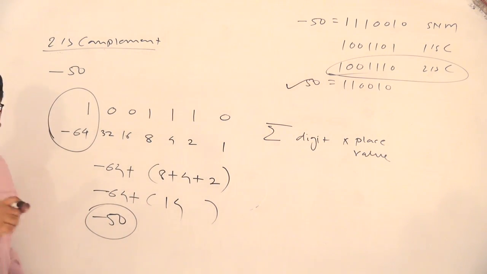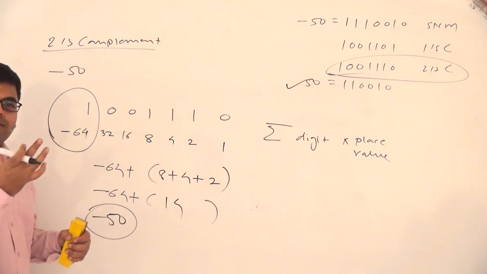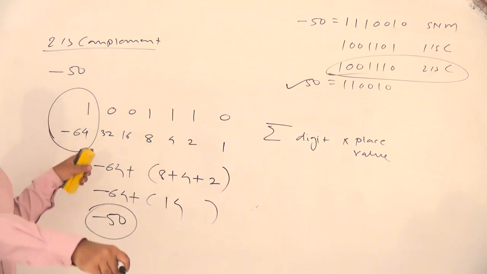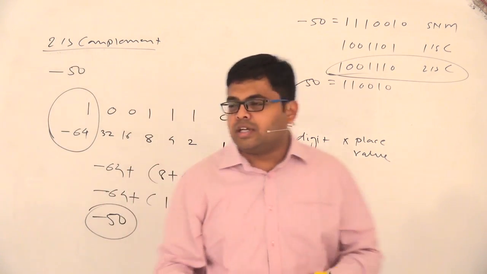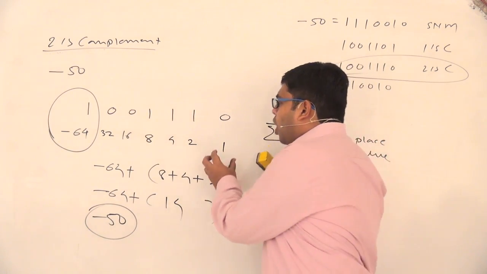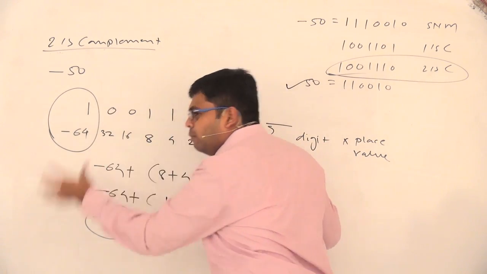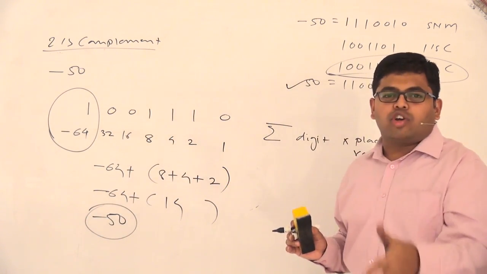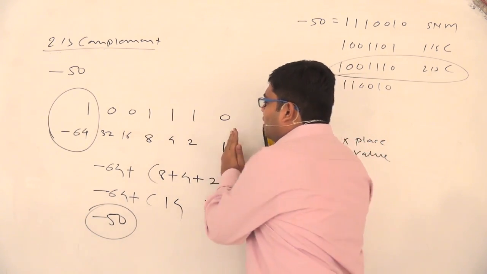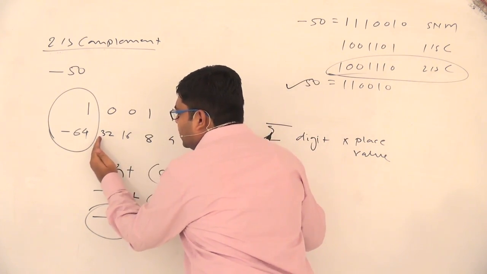Okay, so what I am trying to focus on, instead of simply concentrating on how to write down minus 50 in 2's complement representation, you should also focus more on what the individual place values will be as far as 1's complement and 2's complement representations are concerned. And remember, these many place values are not going to change, they will remain the same.